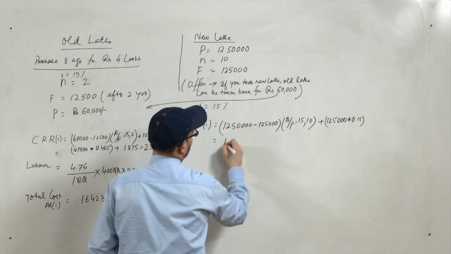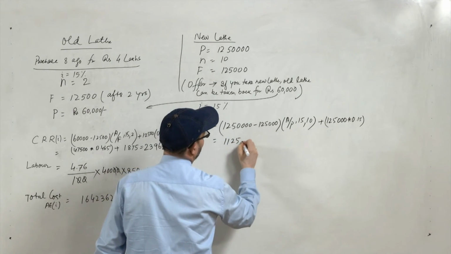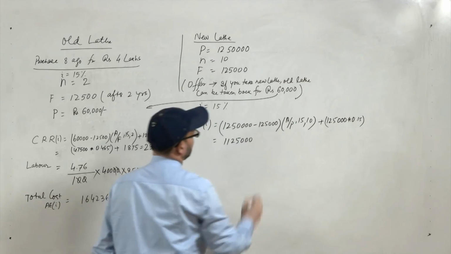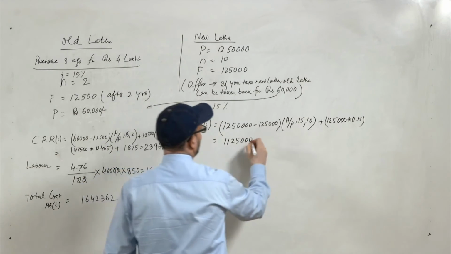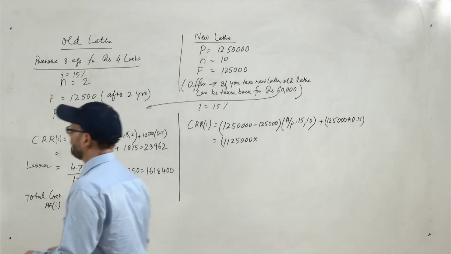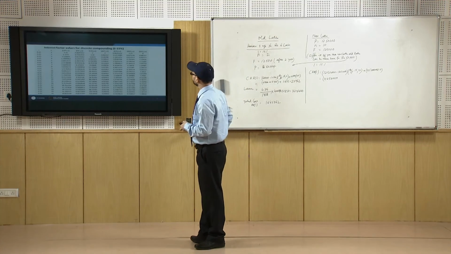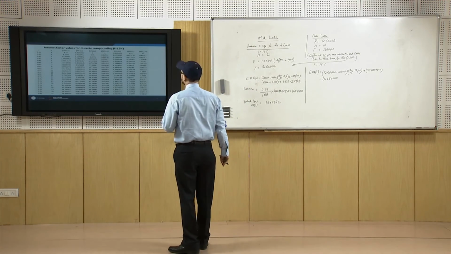So, it will be 1,125,000 into A by P 15, 10. We again have to refer to the table, A by P 15, 10.